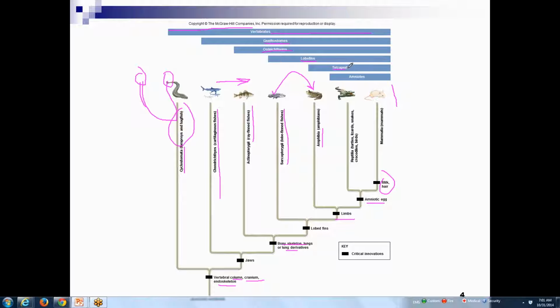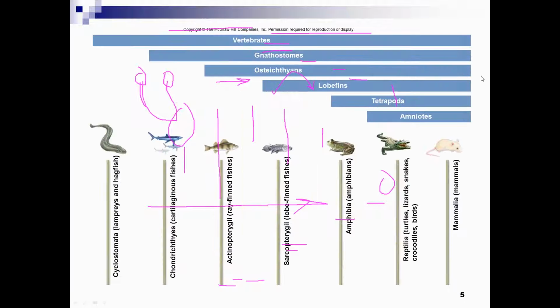Tetrapods means 4 limbs, and which include like 2 legs and 2 arms typically, or could be 2 legs and 2 wings. And then the amniotes, which are highly adapted to the land. So once again, we're seeing this progression of aquatic toward terrestrial as we go from left to right, as we see development and evolutionary processes going on here.